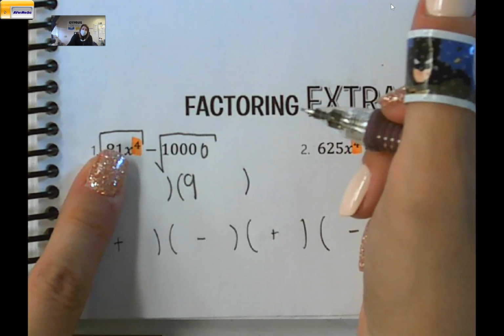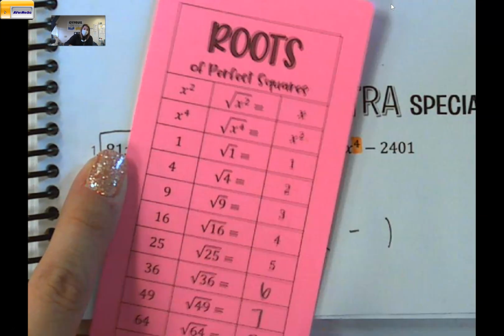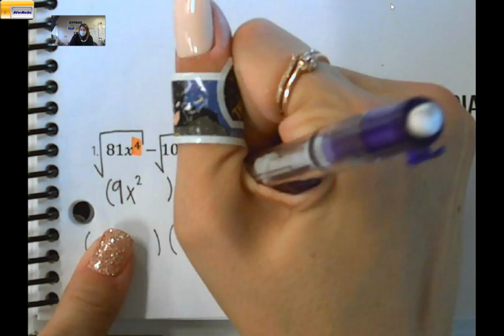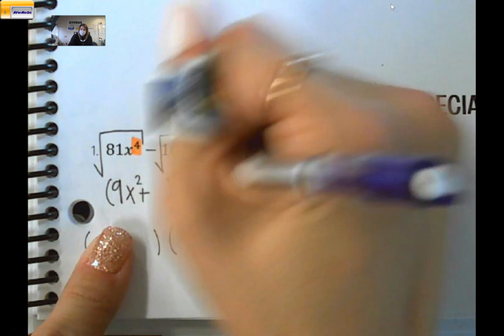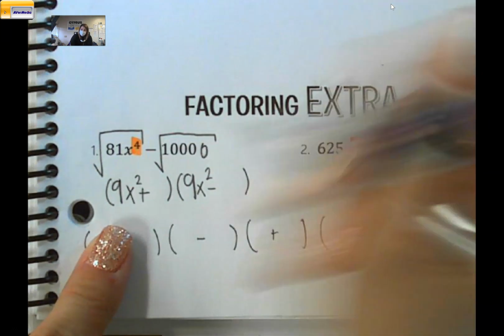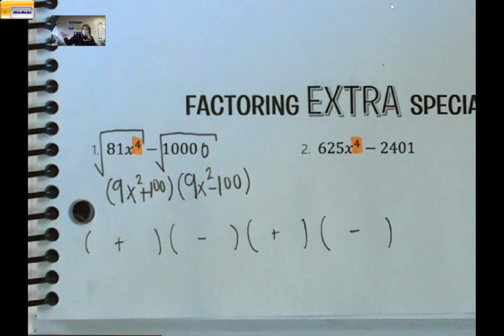Root of x to the 4th is x squared. So we have 9x squared plus minus root of 10,000 is 100. I'm going to space that out a little bit because I didn't write big enough.